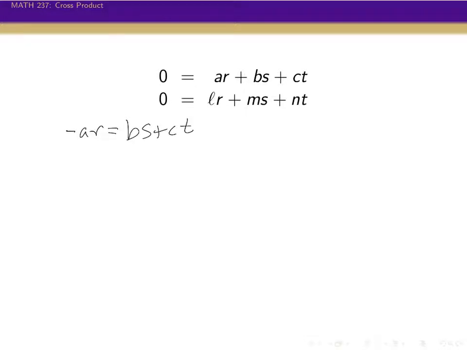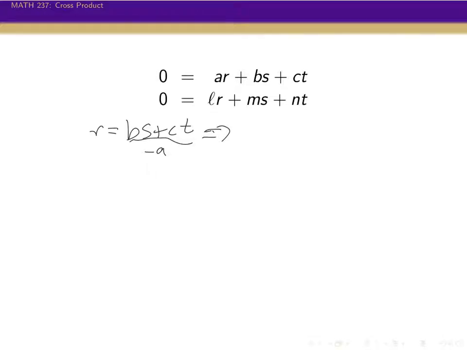To get r by itself, I can divide by minus a, and that's going to give me r by itself. Okay, and then we can plug that into the second equation, see what we get.